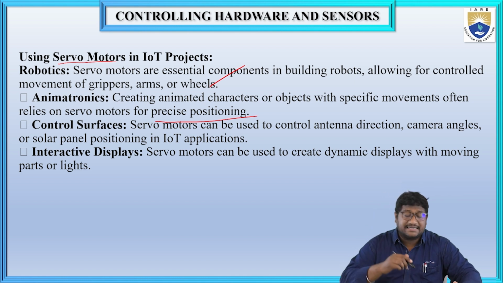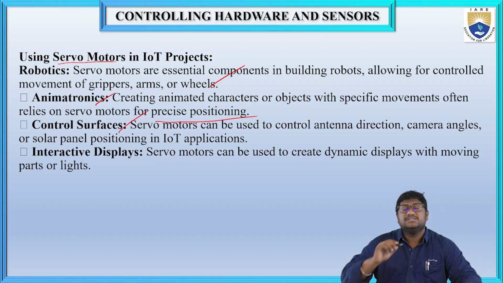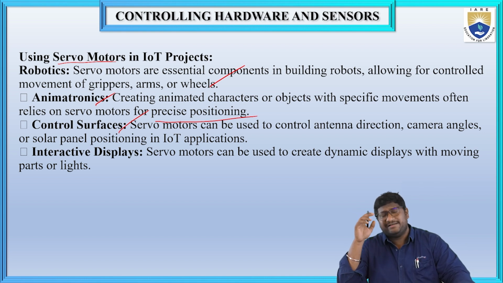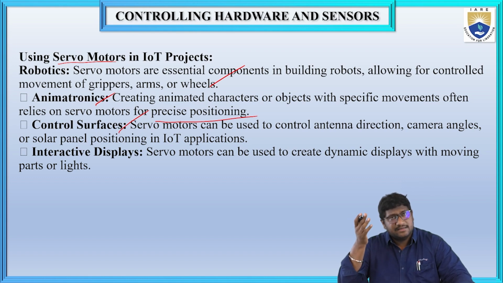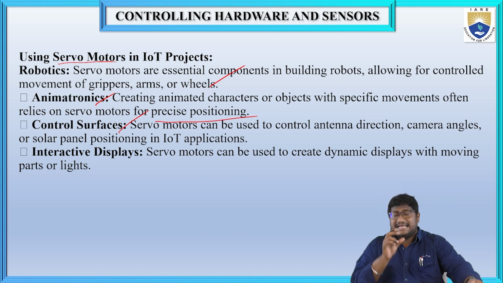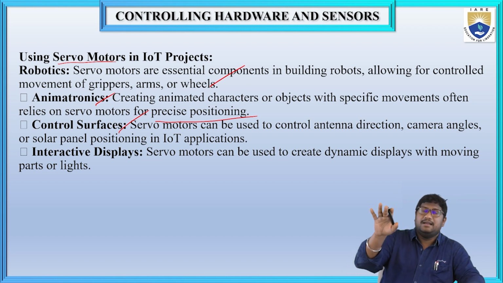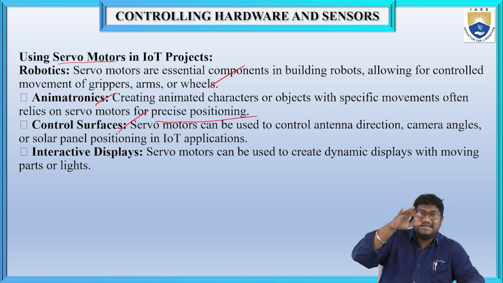Coming to the next factor, which is control surfaces. Suppose there is an antenna placed on top of our house. We need to go there and change the position of the antenna. This was the task I did in my childhood. But now by using a servo motor, I am capable of changing the direction of the antenna, or changing my camera lens, or turning the solar panel automatically towards the sunlight.